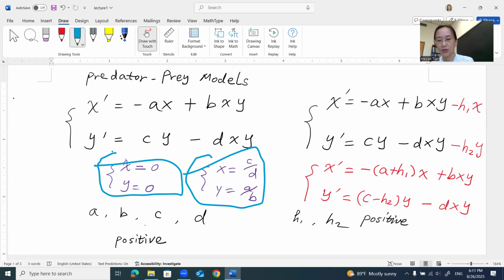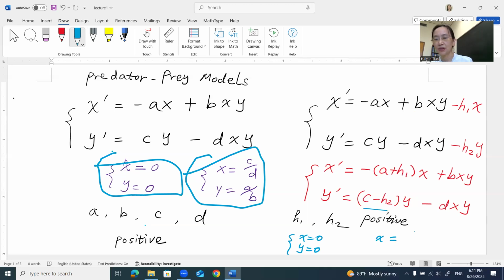So we can simply write constant solutions for the second system. We still have either a trivial solution or another constant solution, which is now C over D, right?